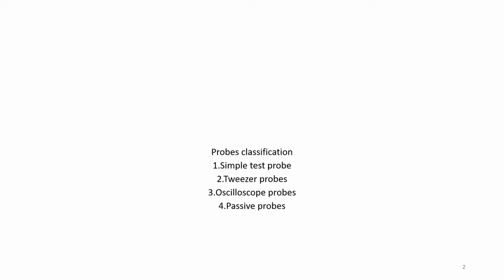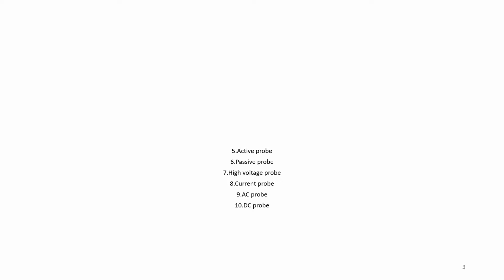Passive probes usually connect to the CRO using a BNC connector. Most ×10 probes are equivalent to a load of about 10 to 15 picofarads and 10 megaohms on the device under test. Next, active probes.